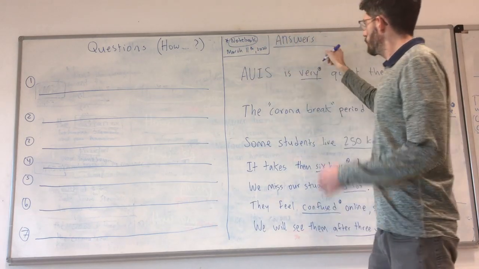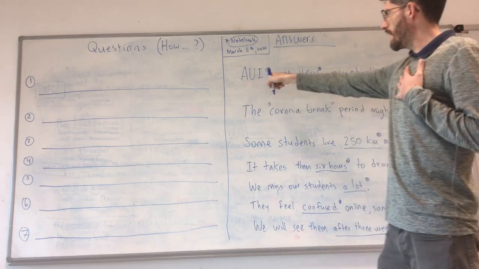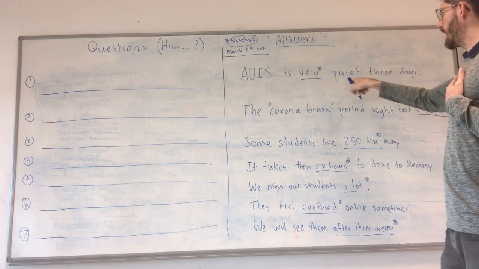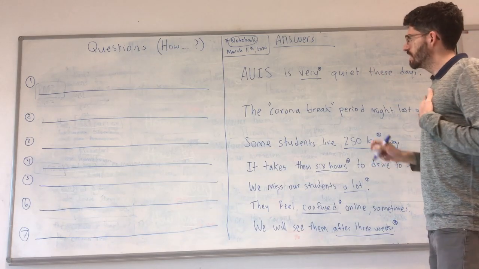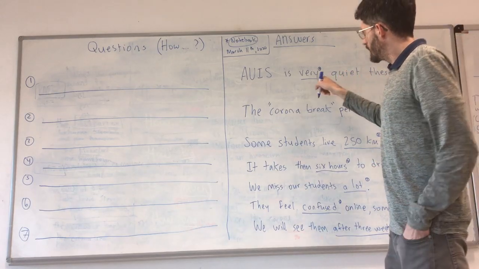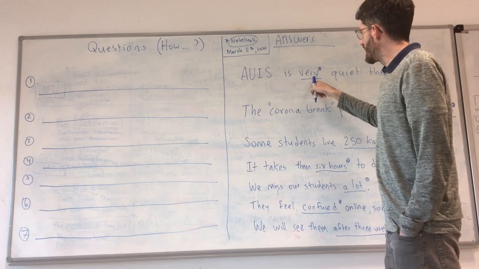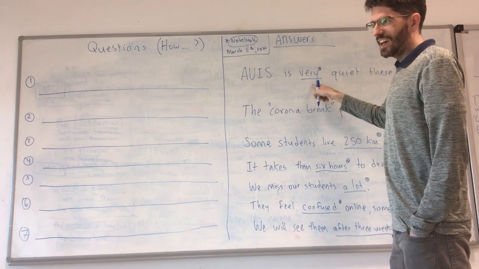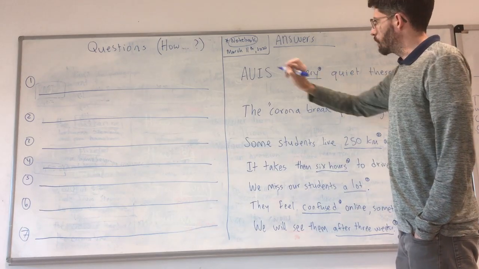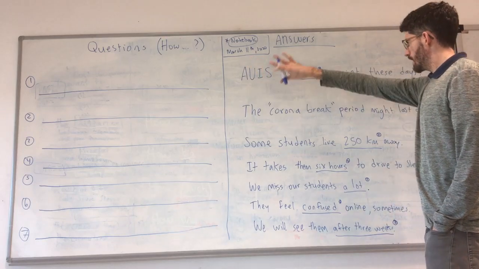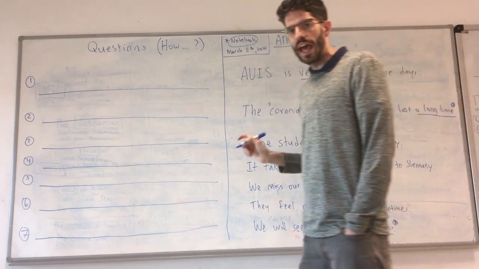So I put the answers. Number one, AUIS is very quiet these days. Okay, so the key word is very, all right? And I want to ask a question to get this answer. I'm going to use how.